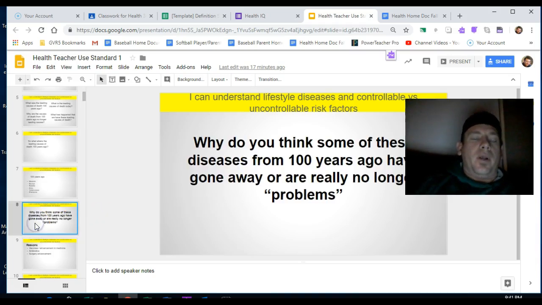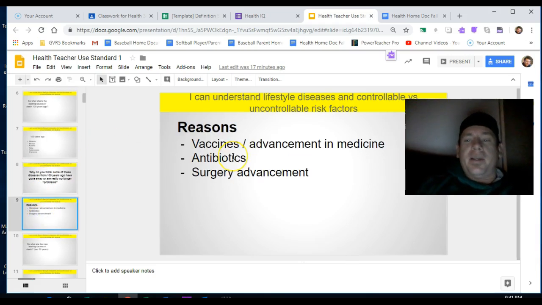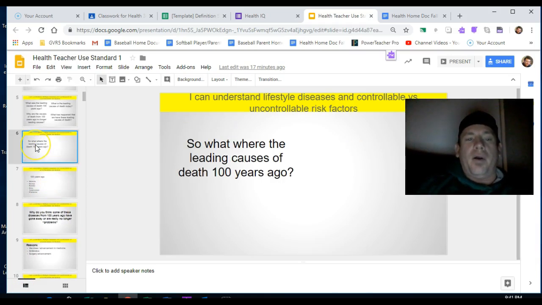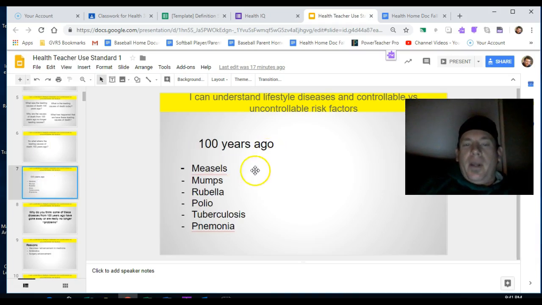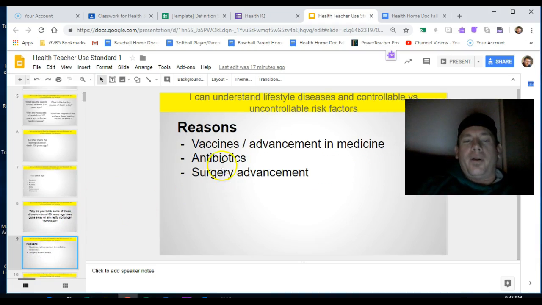What's incredible in our day and age is that now we don't have to worry about those things because of the vaccinations, the advancements in medicine, obviously surgery, things like that. So those are the big reasons why, going back to this question up here on slide 6, what were the leading causes of 100 years ago? We talked about those just a second ago, and the reason why they no longer exist is for one of those essentially 3 reasons.